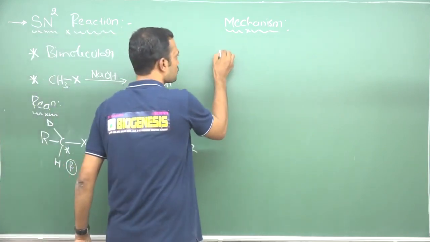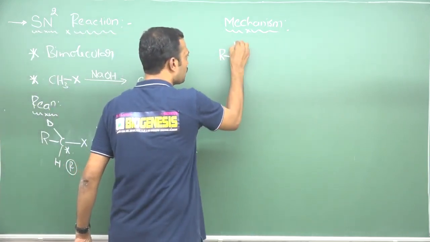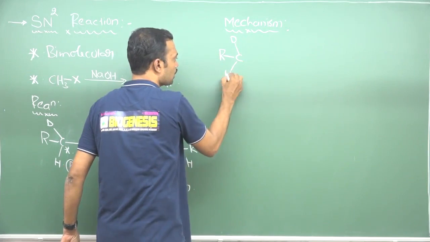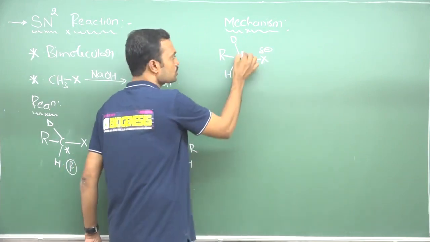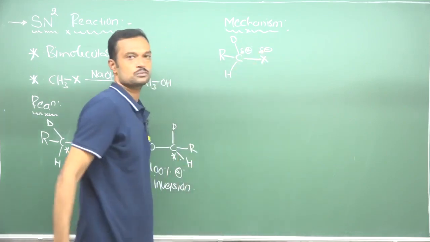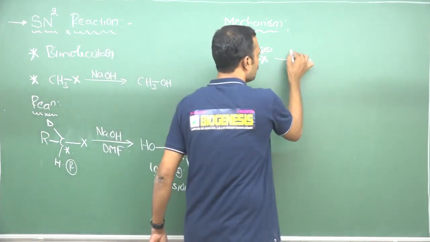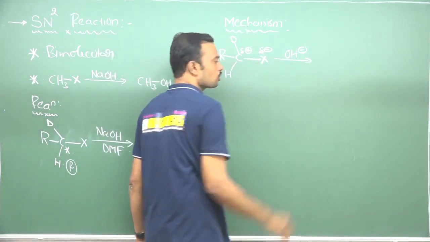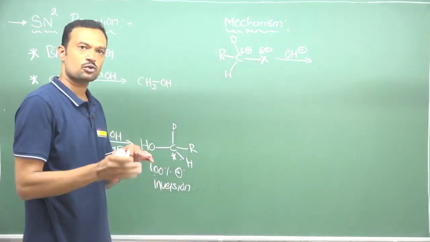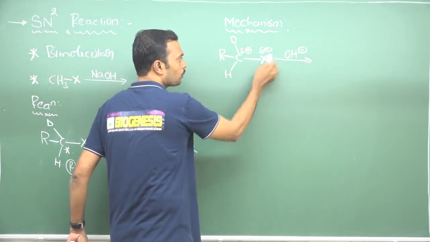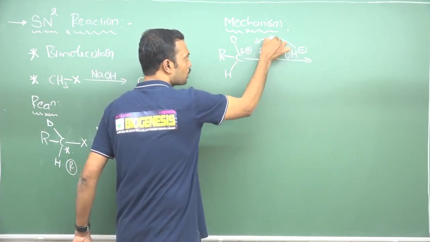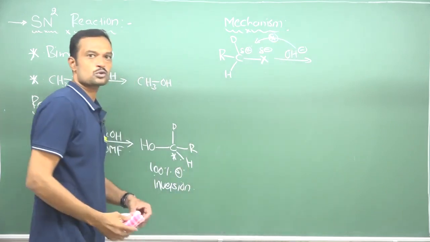First, I am taking the alkyl carbon, here is the heavier isotope of hydrogen, and this is halogen. Now, it carries a partial positive charge and the halogen carries a partial negative charge. Our reagent is a hydroxide ion, it is a nucleophile. The nucleophile wants to approach from the forward direction, but due to the negative dipole, dipole repulsion will take place, it won't give any choice to approach from this direction.